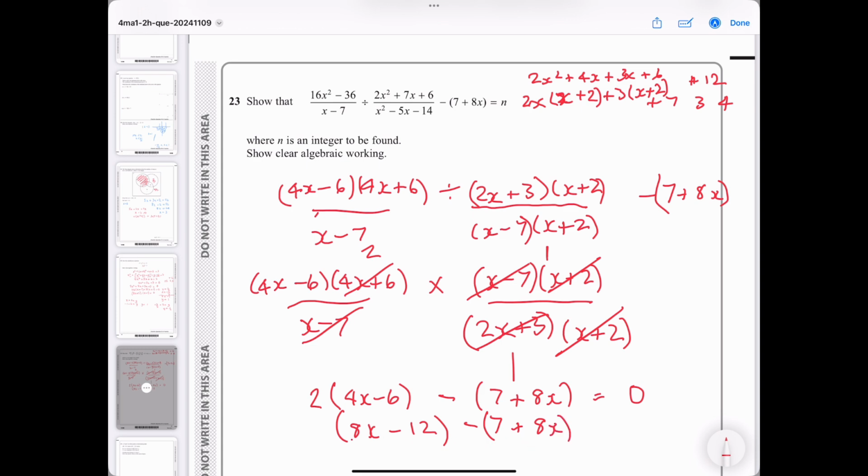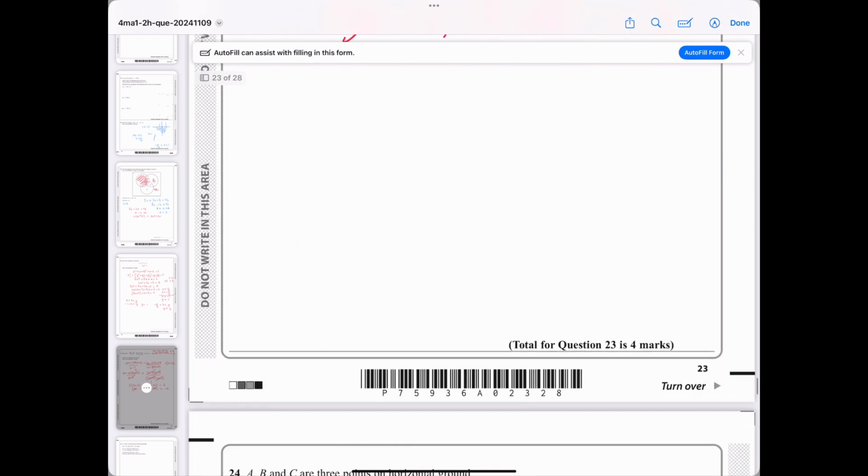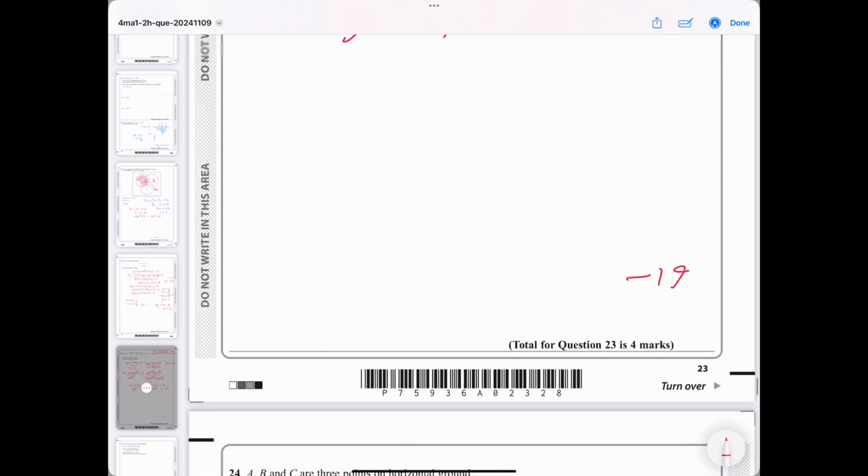So that gets rid of that, that gets rid of that. Minus 12 minus 7 equals minus 19. So n on the other side is going to equal minus 19. There you go.